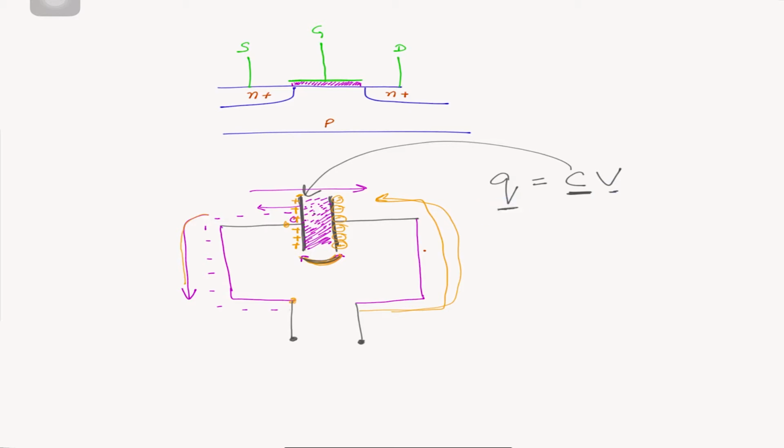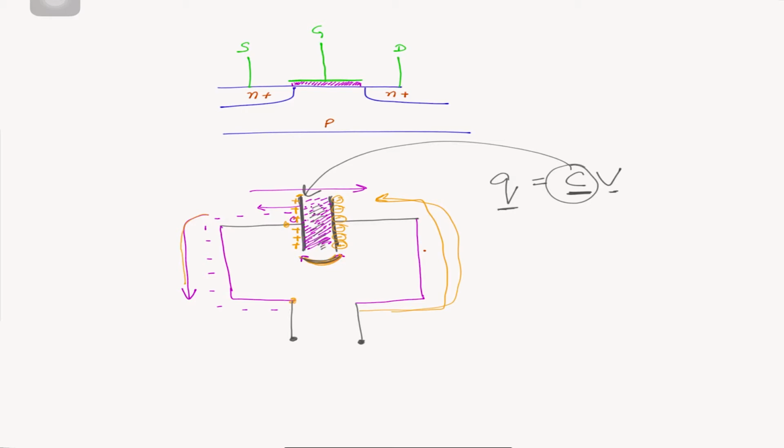So the more capacitance a material has, meaning its ability to create that insulation and have charge accumulated on the two sides, the more charge will be accumulated, right? So that's what we say, it's a higher capacitance.